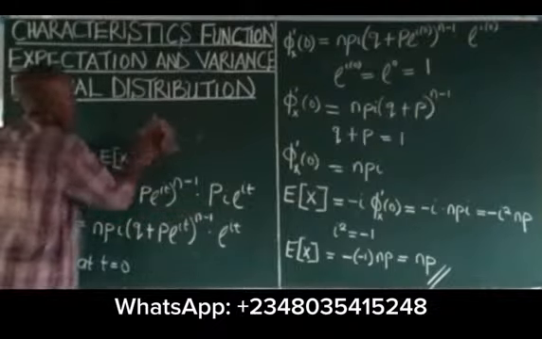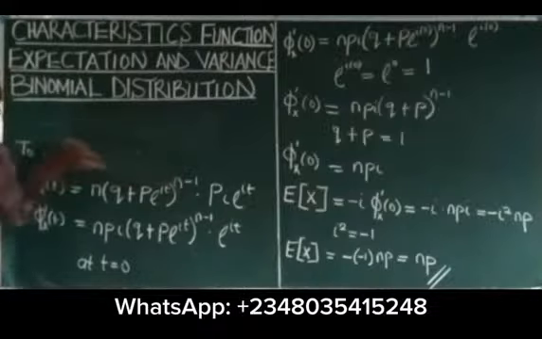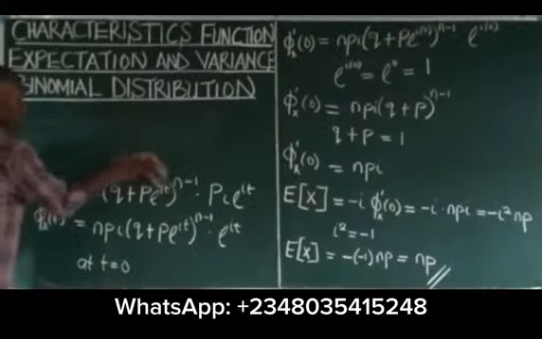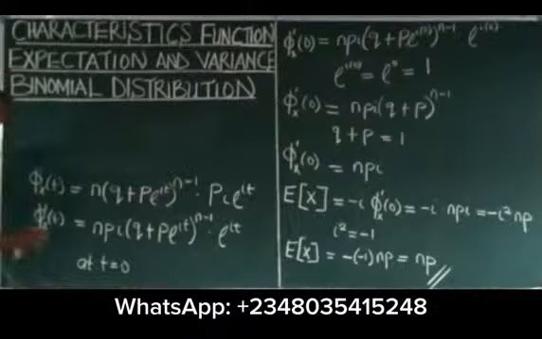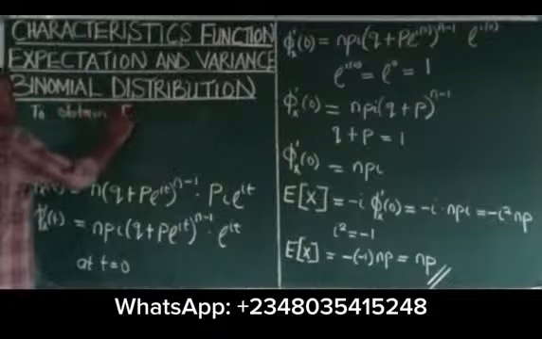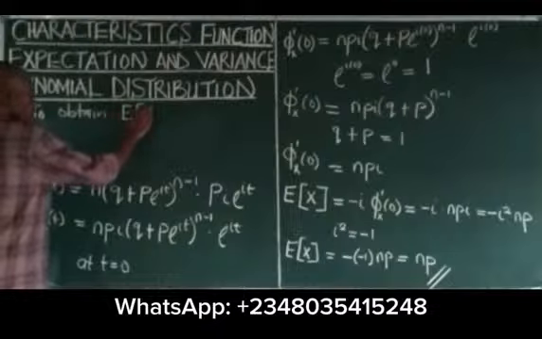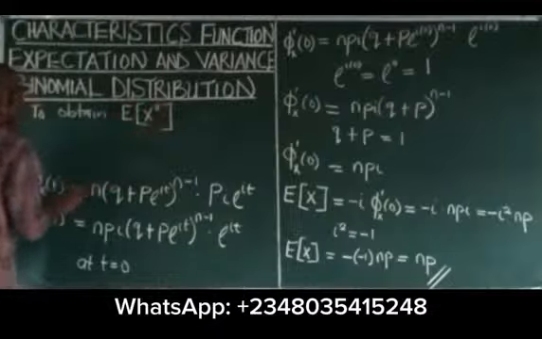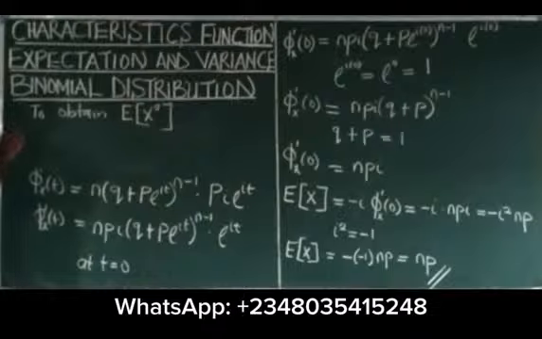So to obtain the expected value of X squared, we find the second derivative of the characteristic function of the binomial distribution.